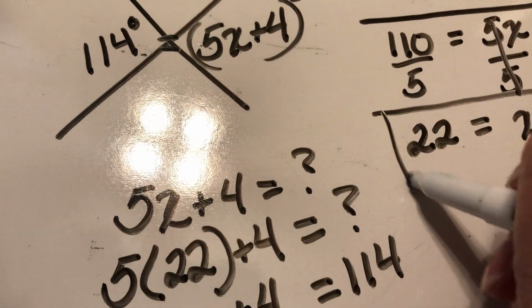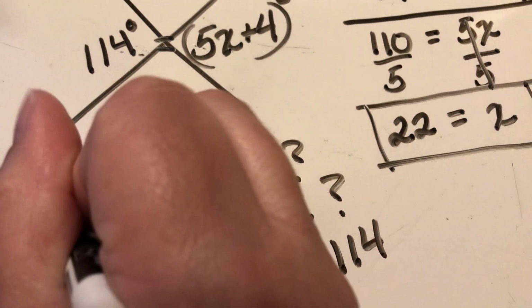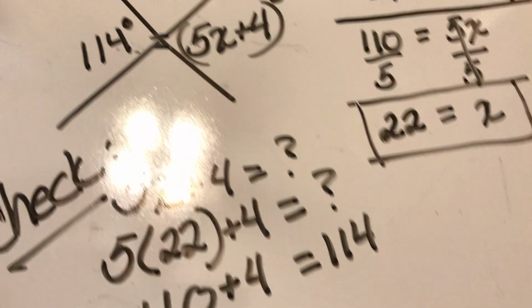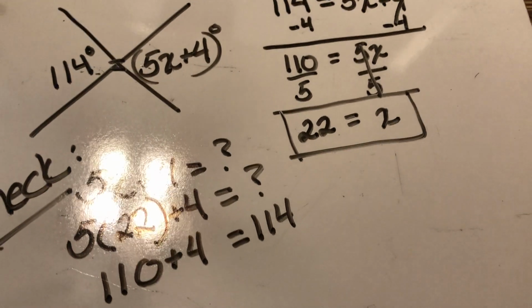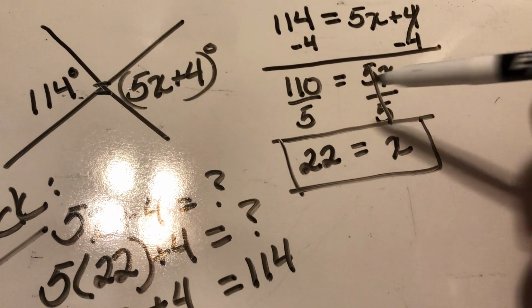So x equals 22. Here is our check to prove that it's correct. And that's it. Not difficult. The biggest trouble is remembering to do your inverse operations.